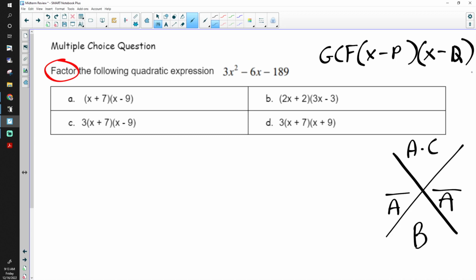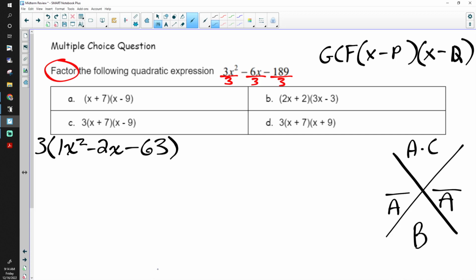We are going to take that number out, so we are going to divide everything by 3, leaving me with 1x squared minus 2x minus 63. We divide all three terms by 3. It's usually good practice to put this 3 out front because remember your final answer should have that GCF. Don't want to forget about it.